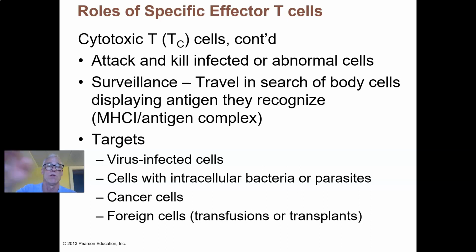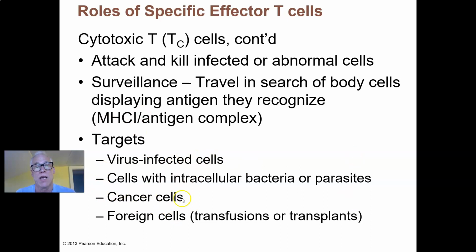They have to go out on the road and scope out cells in your body, looking for MHC complexes and for their own unique target antigen on those MHC1s. They will target cells of your body that are infected with viruses, bacteria, or parasites, that have taken those endogenous antigens from those internal infectious agents and displayed them on the surface on MHC1, and they'll kill them.